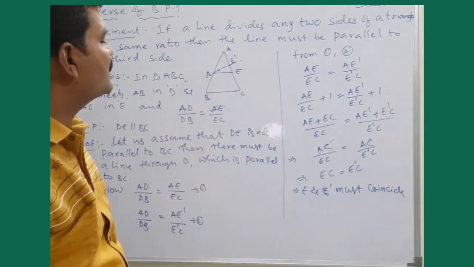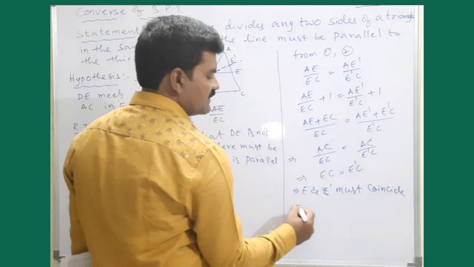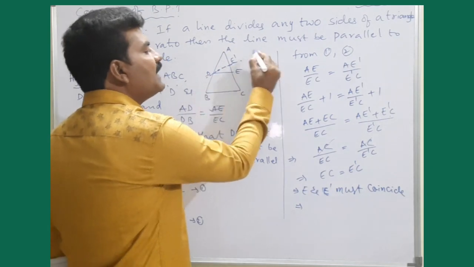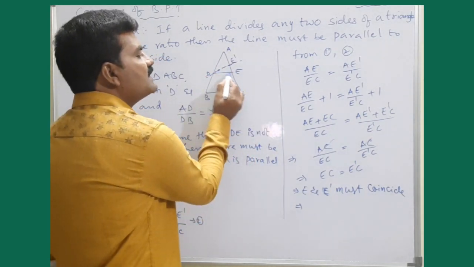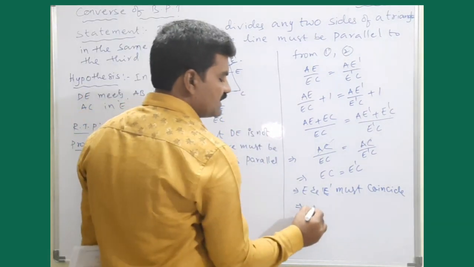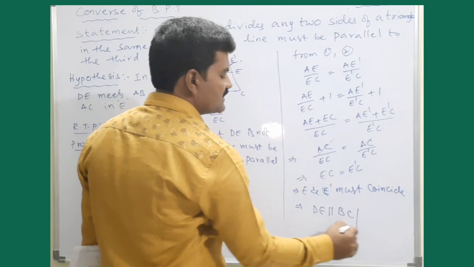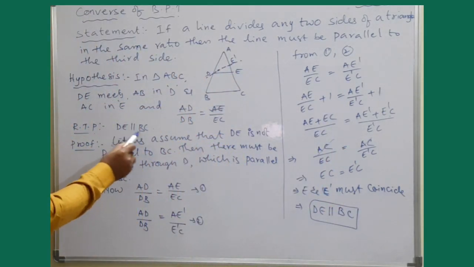That means there is no other parallel line through D. So the parallel line is nothing but DE. Hence I can say that DE is parallel to BC, which is the required condition to prove.